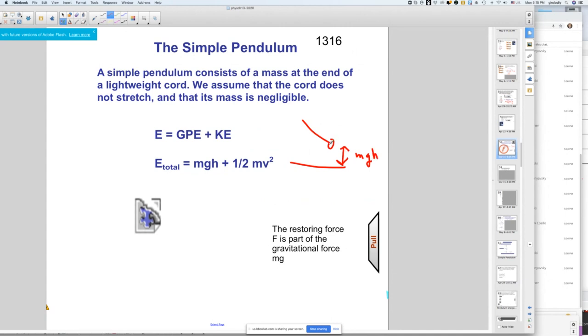If you let it go, it comes down, swings like this, and when the mass is at the bottom, all that energy is changed into kinetic energy. So somewhere in between, there is a sum of potential plus kinetic. The height gets smaller, the velocity gets bigger, so the total energy stays the same.